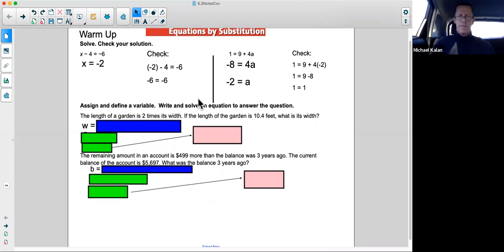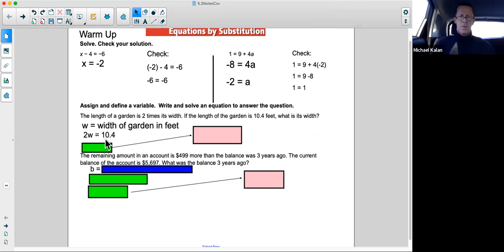So assign and define a variable, write and solve an equation to answer the question. The length of a garden is 2 times its width. If the length of the garden is 10.4 feet, what is its width? And one thing I don't have here is you can assume that the garden is rectangular. Okay, all right. So I set W equal to the width of the garden. So see if you can figure out how you would solve this.